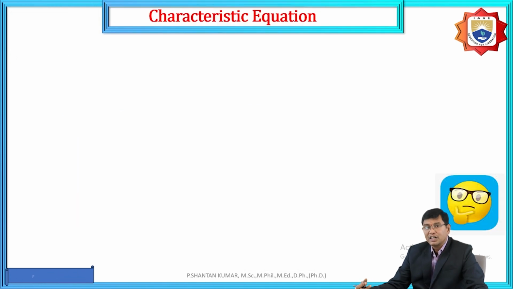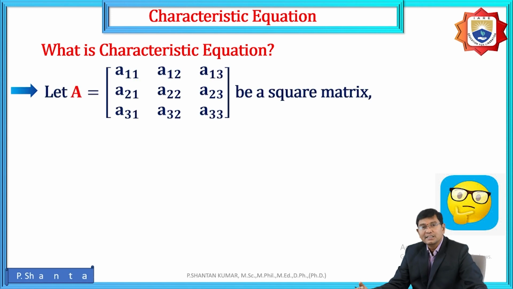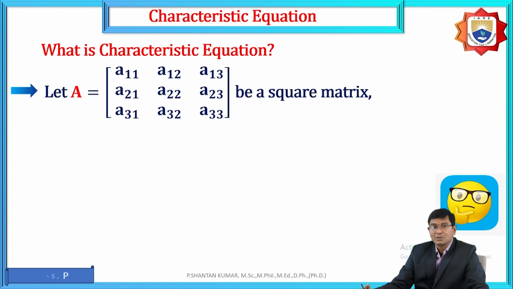First of all, we need to discuss the meaning of the characteristic equation, and before that, what is a characteristic matrix? Here, for example, consider A, a 3 by 3 matrix: a11, a12, a13, a21, a22, a23, a31, a32, a33.